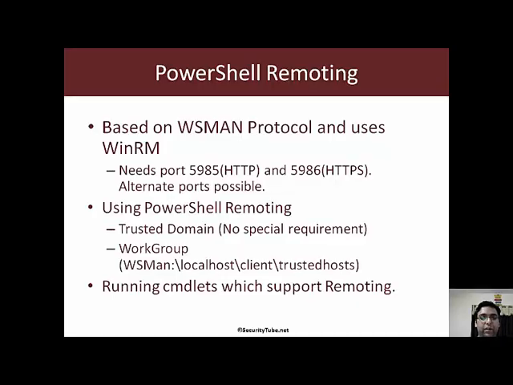Again, we need administrative access, that is a user in the local administrators group on the target machine, and we need to change some things on our machine if we are not a part of a trusted domain. That is all we have to use to execute commands on a remote machine.